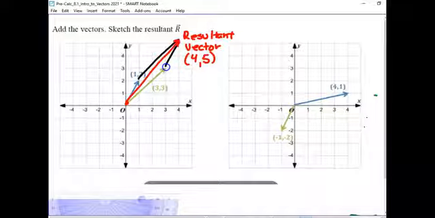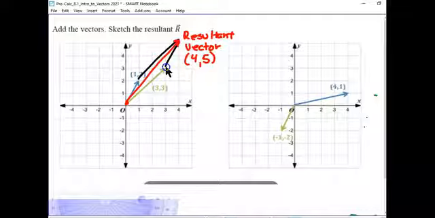So in a couple lessons from now, we're going to talk about adding vectors together. We're putting two vectors together, and the resultant vector, if we're starting at 0, 0, ends up at 4, 5. So this is why we add vectors together: to show what the two combined forces look like on a coordinate plane if we start at 0, 0.